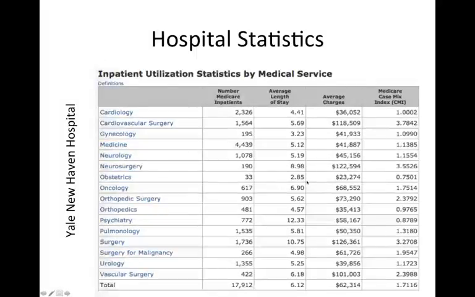They're coming in to give birth, and so they don't stay as long as most other people do for significant surgery, for cardiology, for neurosurgery. This particular information, provided by Yale New Haven itself, shows what their average charges for each of these services are as well.